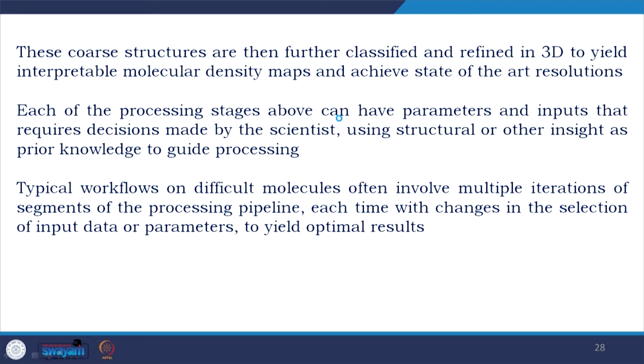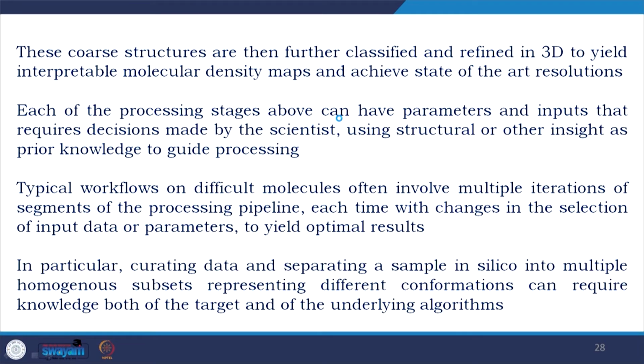So, you do the same thing multiple times, going from an initial model to a refined, corrected model, each time with changes in the selection of input data or parameters to yield the optimal results. In particular, curating data and separating a sample in silico into multiple homogeneous subsets representing different conformations can require knowledge both of the target and the underlying algorithm.